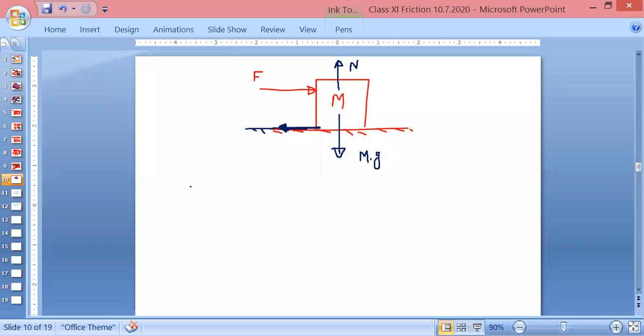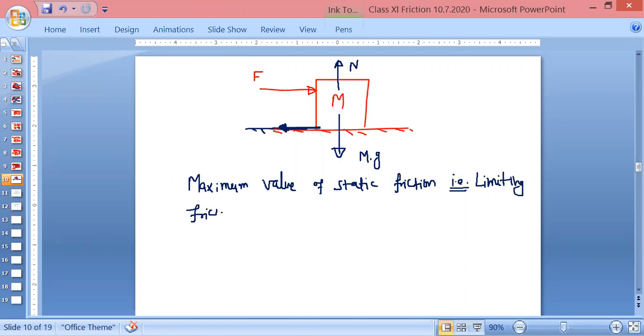So what they said: the maximum value of static friction, that you can say is the limiting friction force, I will write as F subscript limiting.